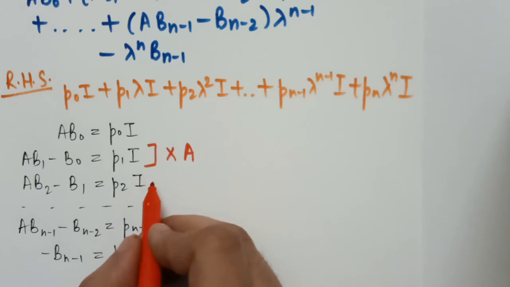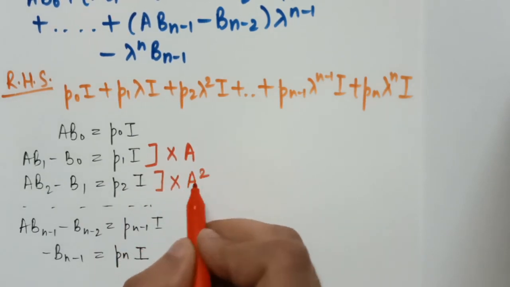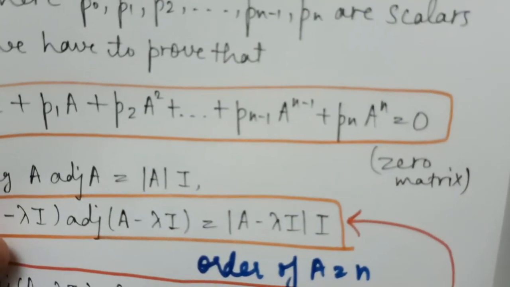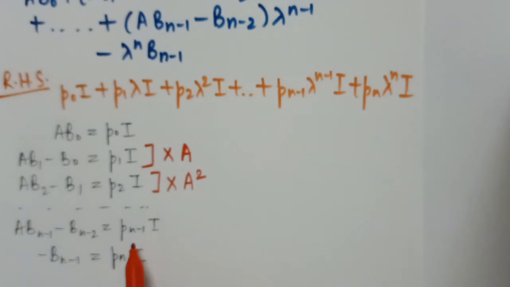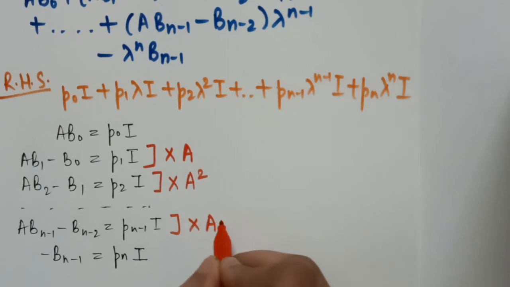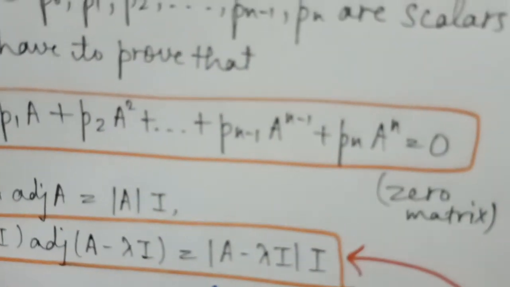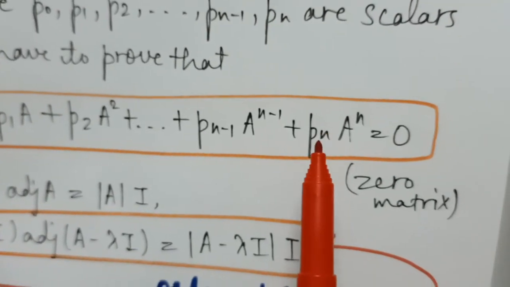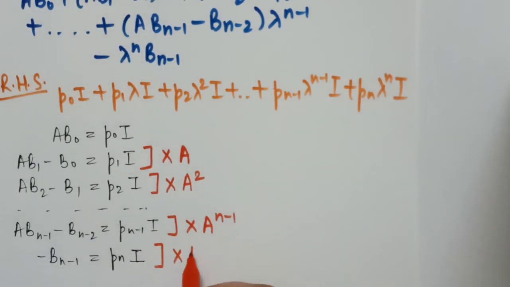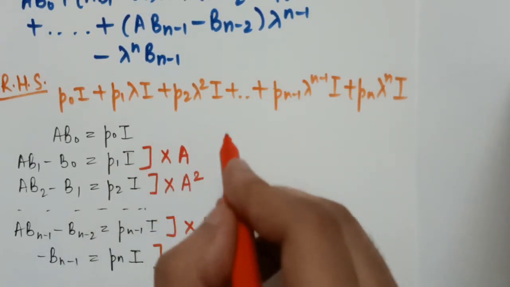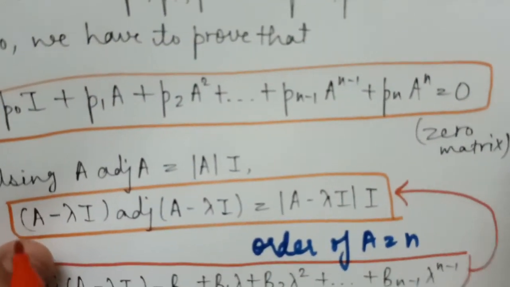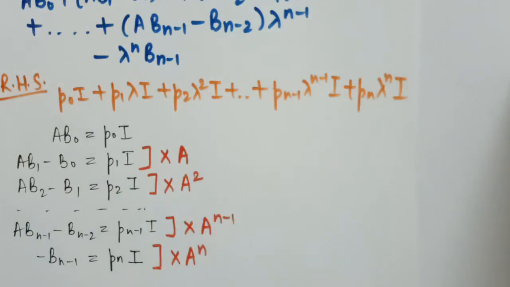So here's P2 I, we can just simply multiply this equation by A square, and then there's P_{n-1} A^{n-1}, and here's P_{n-1} I. So we can just simply multiply this equation by A^{n-1}, and at last there's P_n A^n, and here is P_n I. So multiply this equation by A^n, and then just simply add all these equations. We'll get the left hand side of the equation that we have to prove.